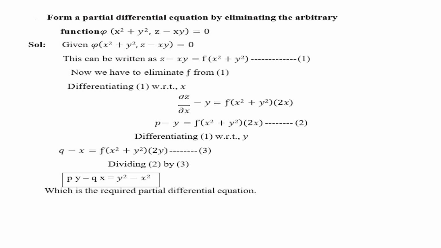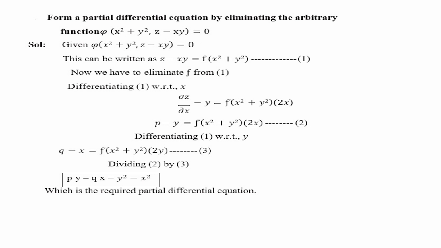So we differentiate equation number 1 with respect to x. We get ∂z/∂x minus y equal to f dash of x square plus y square into 2x. Here you have to substitute ∂z/∂x equal to p. So p minus y equal to f dash of x square plus y square into 2x.